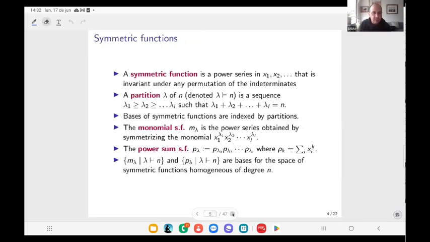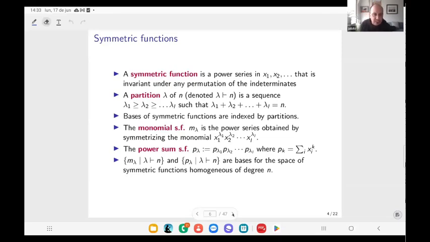Very basic stuff about symmetric functions: a symmetric function is a power series that is invariant under permutations. Most of the time, partitions are used to index symmetric functions, and we have two basic symmetric functions that are bases.